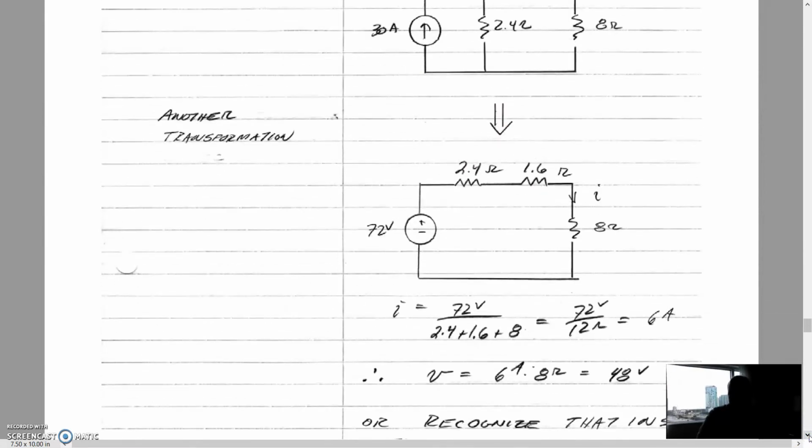So what are source transformations good for? They are good for, as we said here, finding an unknown in the circuit. What are they bad for? They're bad for things like finding the total power in a circuit. So source transformations, even though you are finding an equivalent circuit in terms of how it affects something else in the circuit, by eliminating these, by combining these, by reducing these, you are quite often missing the overall power in the circuit.